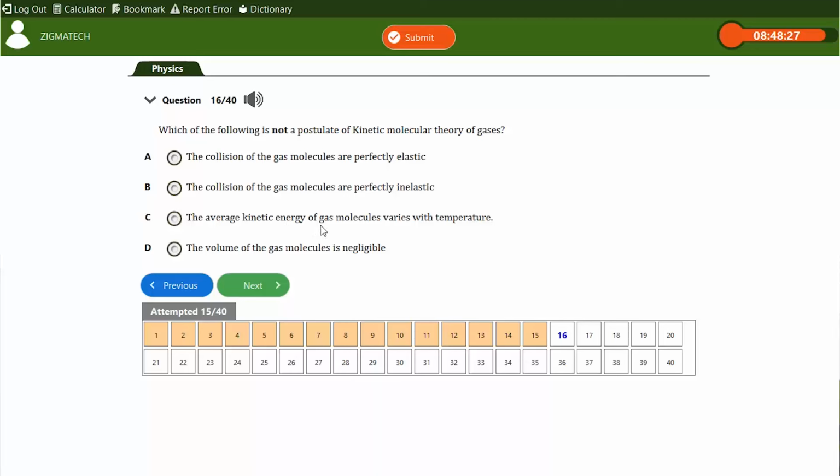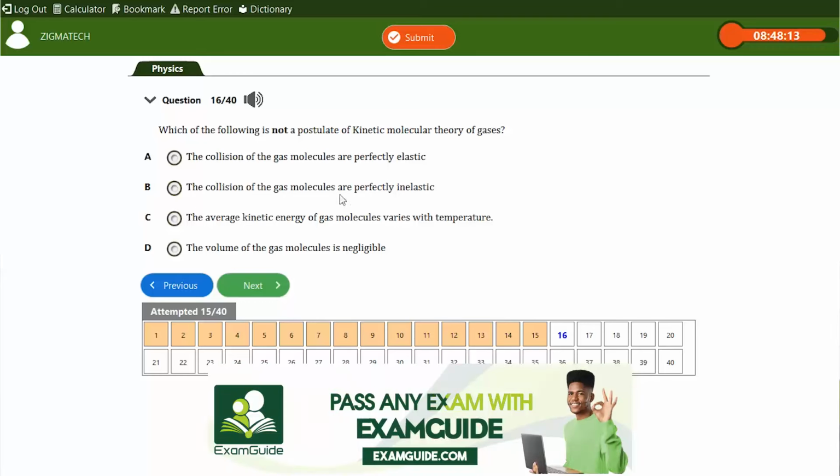That's the definition of temperature. Now, the volume of the gas is negligible compared to the container. Yes, it's negligible. Then the other one said the collision of the gas molecules are perfectly inelastic. Is it true? What is inelastic? And the other one said the collision of gas molecules are perfectly elastic.